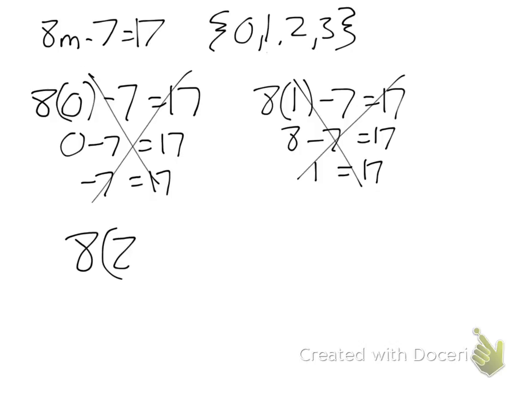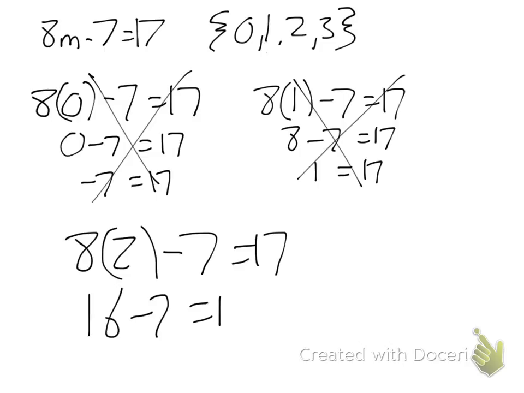I then go to, is it 2? 8 times 2 minus 7, does that equal 17? 16 minus 7. What is 16 minus 7? 9 equals 17. No. Hopefully 3 works. What if 3 doesn't work? That means the answer is just not in that solution set, right?